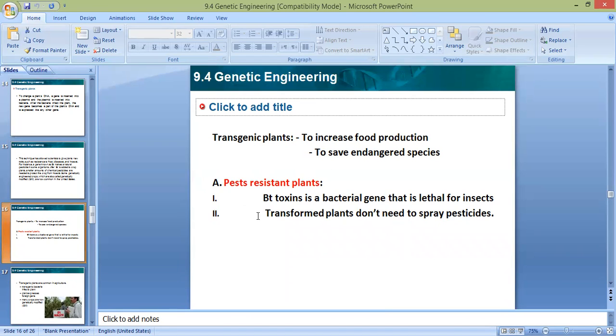They change the gene of the plant to have this Bt toxin gene, and this gene is very useful because it keeps the insect away from the plant, because it is lethal for the insect.